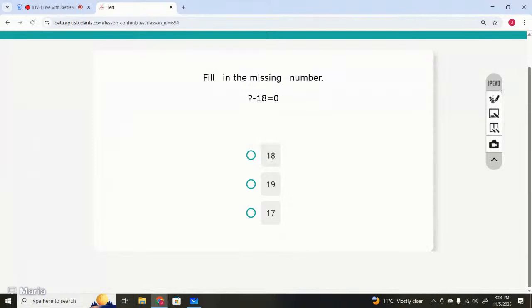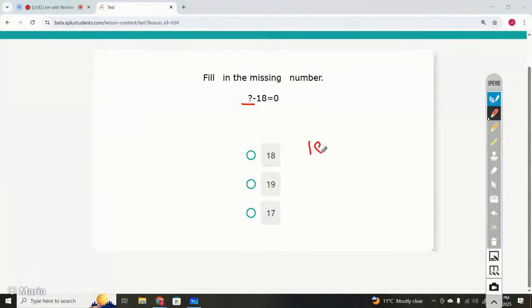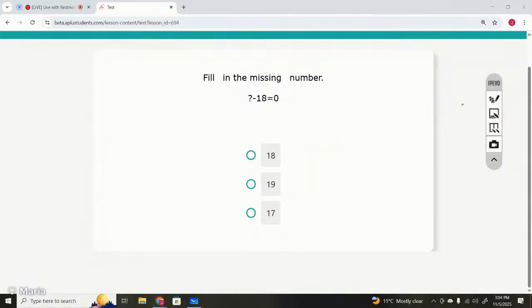So let's see if 18 minus 18 is 0. Replace the question mark with the first option. So 18 take away 18. 18 minus 18 is 0. Both sides are exactly equal, right? So that means the correct option is 18 because subtracting a number from itself always makes a 0.